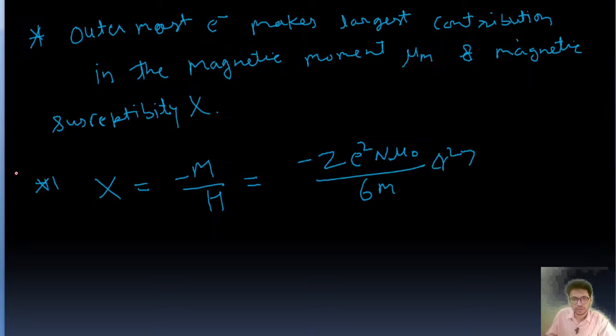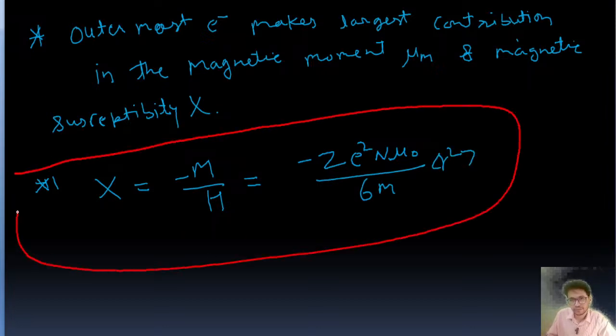This is an important one. These are the values of chi, the magnetic susceptibility, for diamagnetic material. I hope you have understood it.